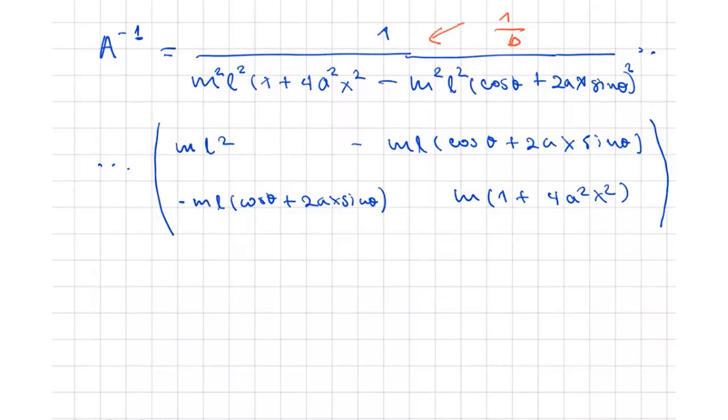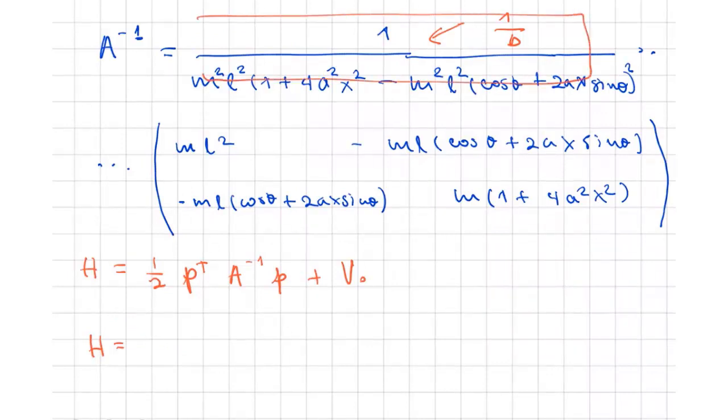So because the Hamiltonian is H equal to 1/2 of p transpose A minus 1 p plus V, we can write the Hamiltonian in terms of the matrix and the potential energy as H equal 1/2, 1 dividing delta. Remember, all this term is delta, okay guys?